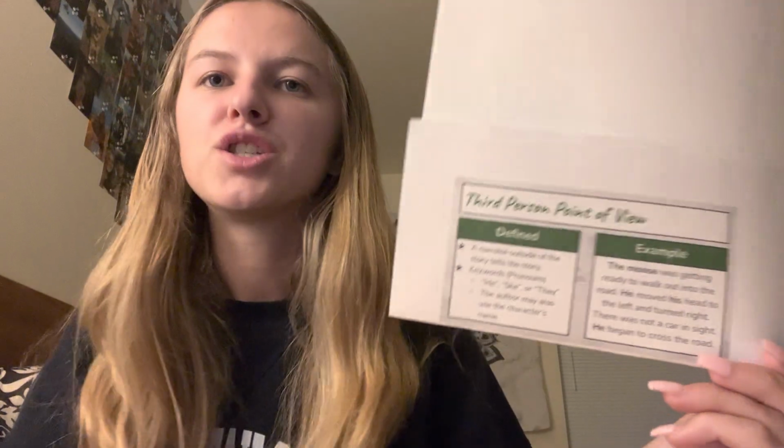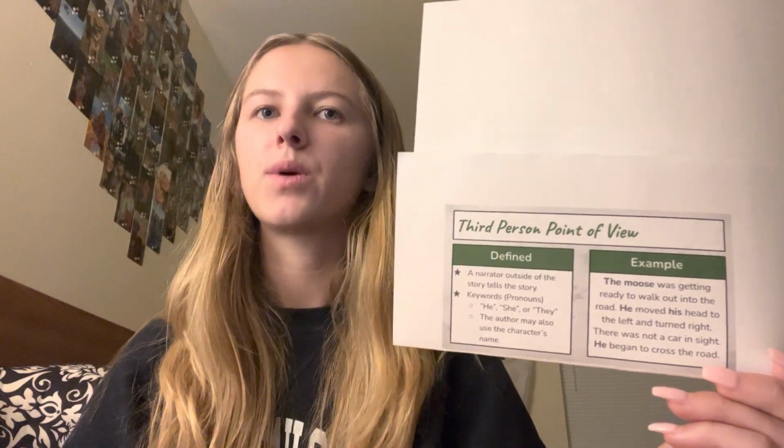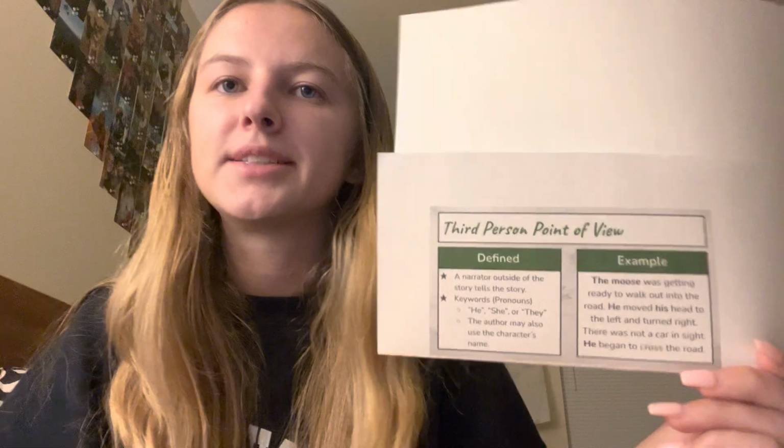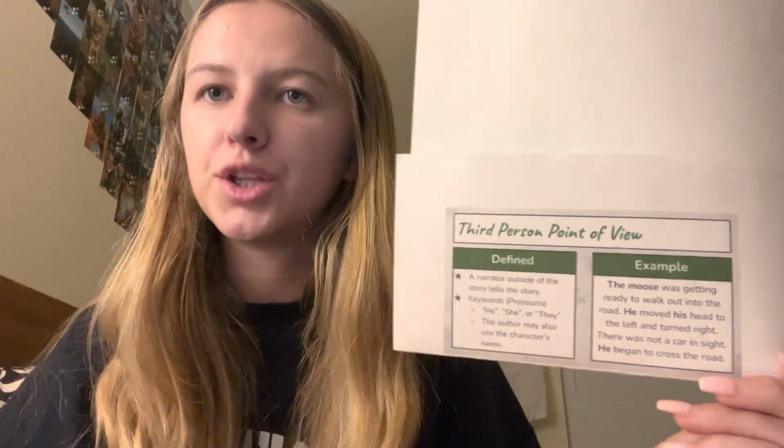Okay. So now the third type is third person. So this means that a narrator outside of the story tells the story. So they use keywords like he, she, or they. Or the author may also use the character's name. So let's look at our example. The moose was getting ready to walk out into the road.